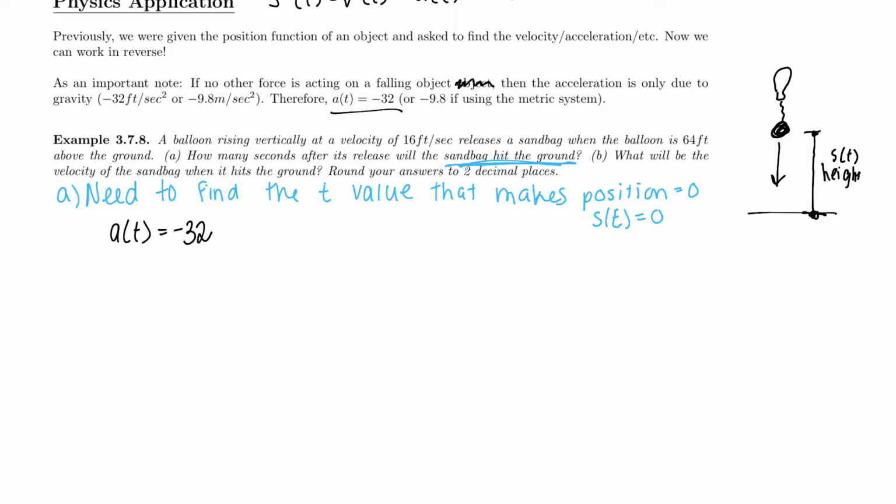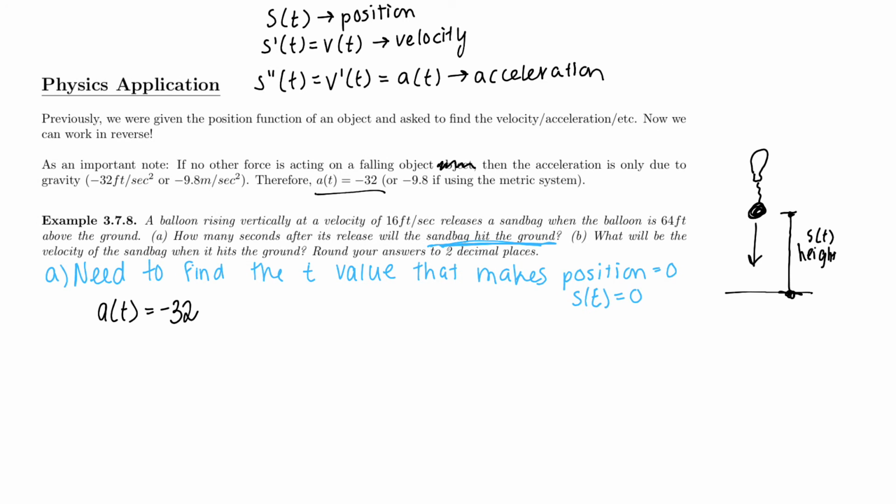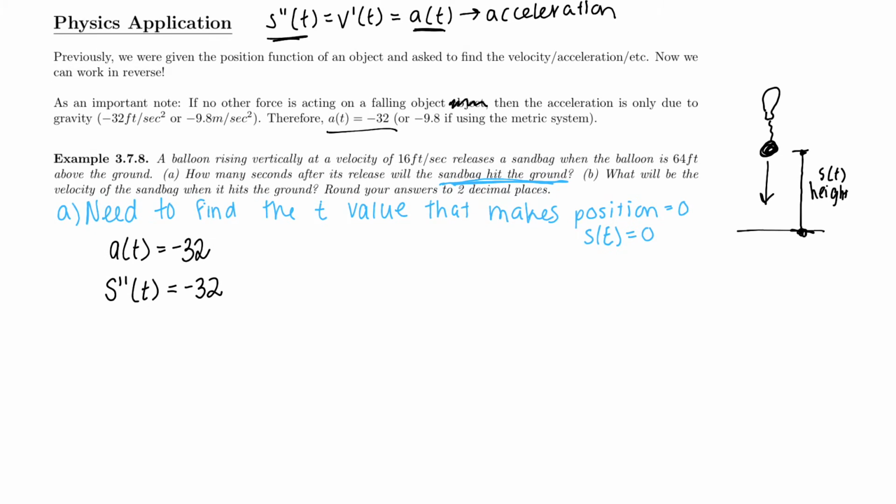If I look up here, acceleration is the same thing as s double prime. Knowing that connection makes it so we can now work through the process backwards the way that we have before. So the antiderivative of s double prime is s prime, which is the velocity function.